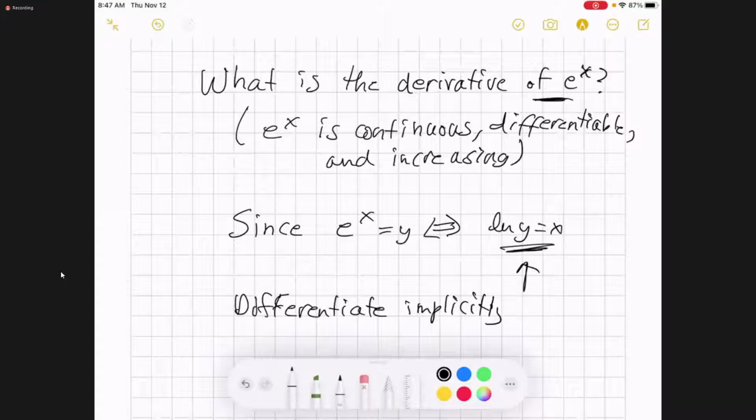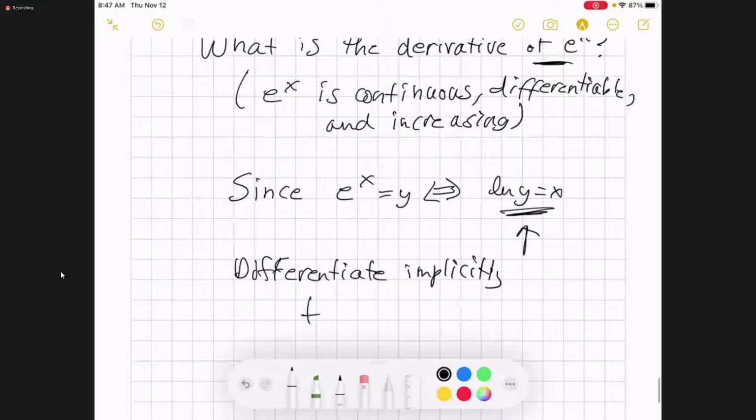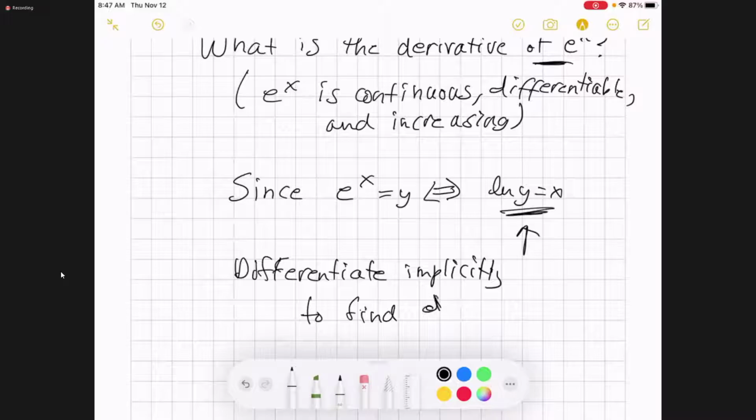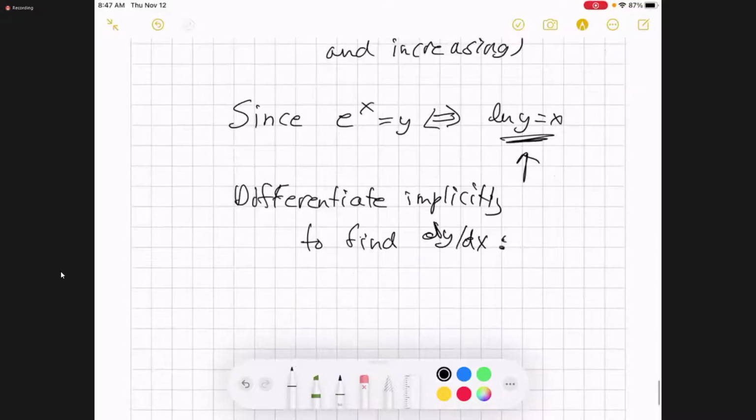And so I'm thinking of y as being my function, so I'm going to find dy dx. I've got ln of y is x.